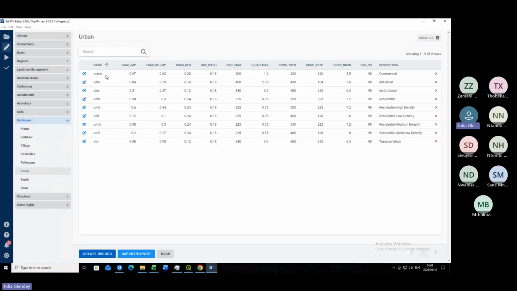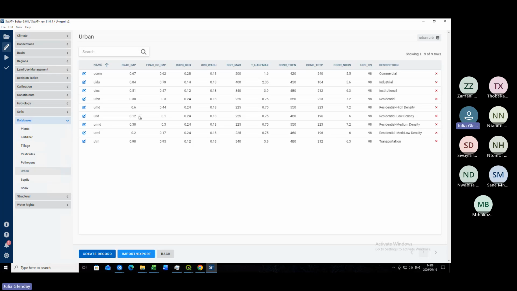So these urban classes I mentioned, there's a fraction impervious assigned to each one. Low density is about 12%. These are the defaults in SWAT, and then we can change them from there. So residential high density is 0.6, residential low density is 0.12, then there's mid, and mid to low 0.2.